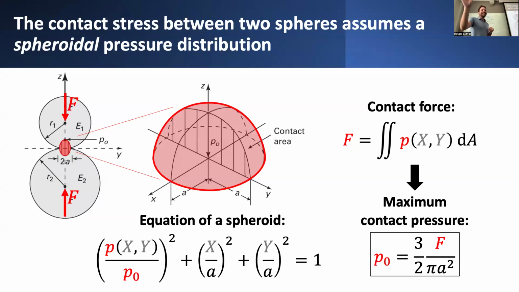So rather than idealizing things as a sphere sitting on a flat plane, think about it in terms of two spheres coming into contact that might have different radii and might have different elastic properties. So sphere 1 might have elastic modulus 1 and radius 1, whereas sphere 2 has elastic modulus 2 and radius 2.